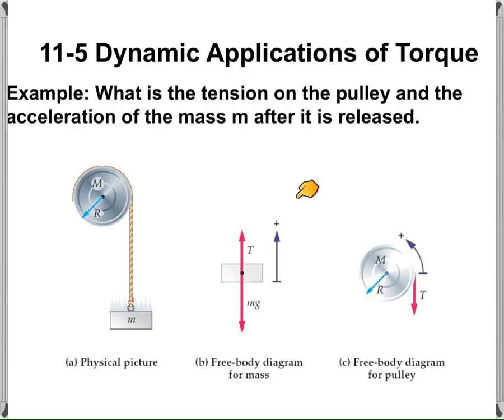But before you start writing down the equations, you have to choose your directions of motion, okay? If you choose the upward direction as positive for the small mass m, then you have to choose this direction of rotation as plus, okay?